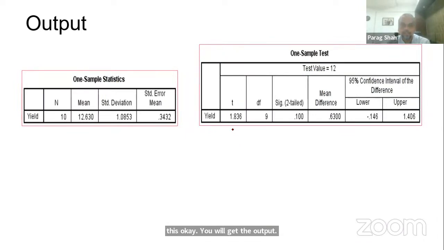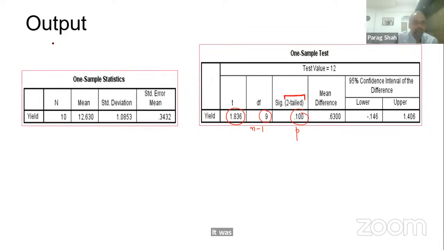In that, this is the test statistic, T. This is degrees of freedom, n-1 degrees of freedom. And this is the p-value. Now observe the p-value. Here it is automatically giving for two-tailed. It was two-tailed.